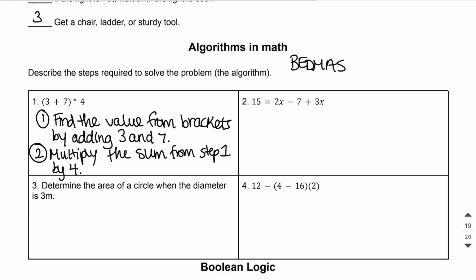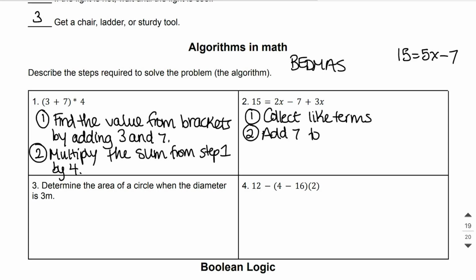Okay? So in number 2, the first step that we need to do is to collect like terms. So step 1 is going to be to collect like terms. And let's actually do this on the side so we can see what we're doing. So I get 15 equals 5x minus 7. The next step is going to be to add 7 to both sides of the equation.